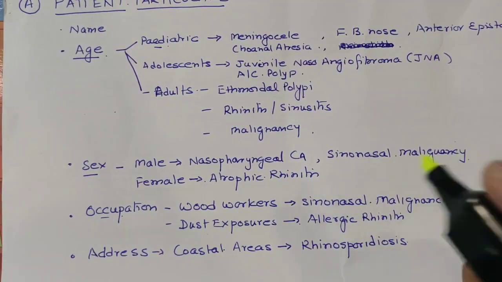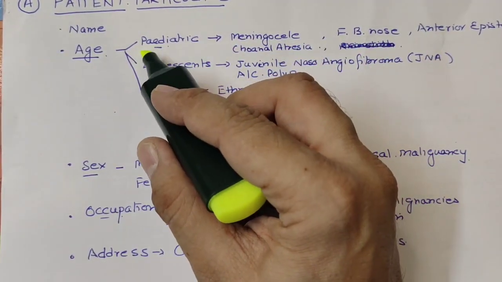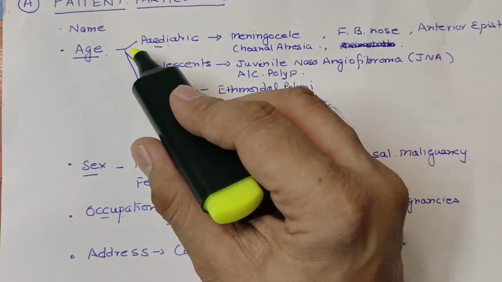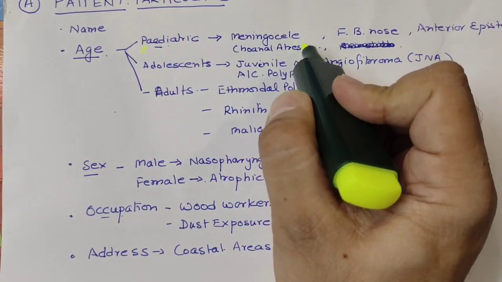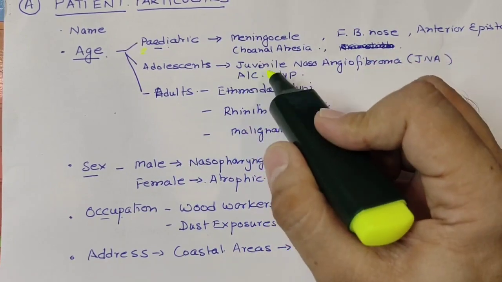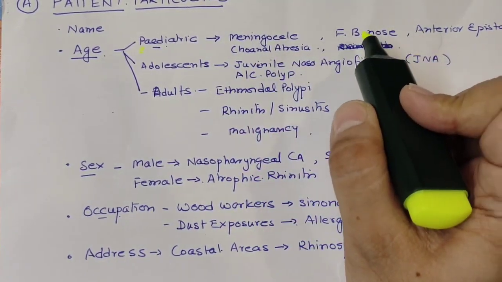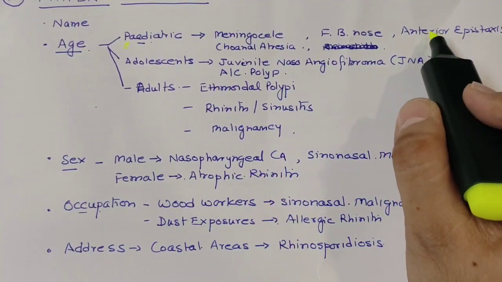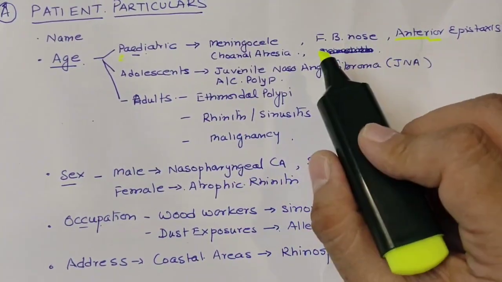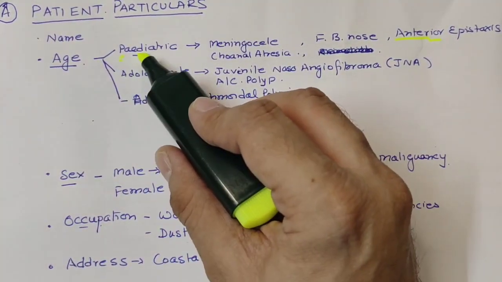As we can see, in the age, there are certain conditions like meningocele, choanal atresia, foreign body nose, and anterior epistaxis, which are more common in the pediatric age group.